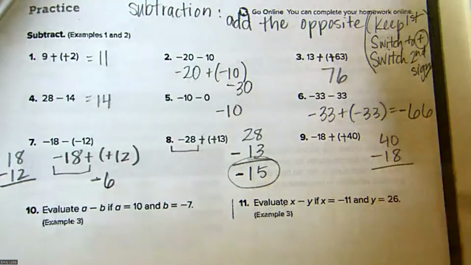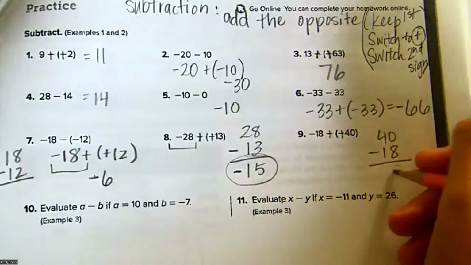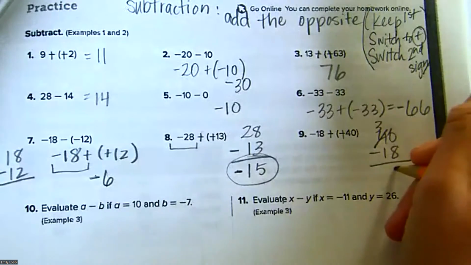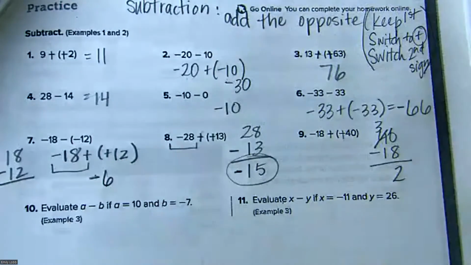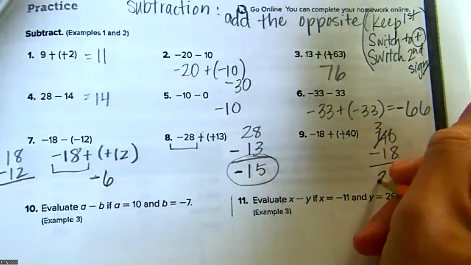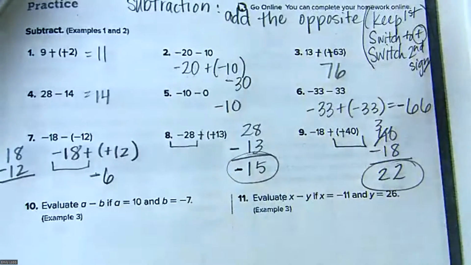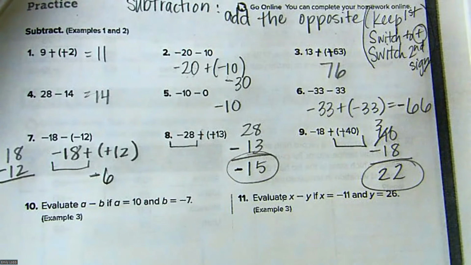Can I take 8 from nothing? No, so please don't write 8 here. We have to borrow. 10 minus 8 is 2, and 3 minus 1 is also 2. And we just said it was going to be positive because the absolute value of our bigger number is positive. Questions about 1 through 9 on page 147?